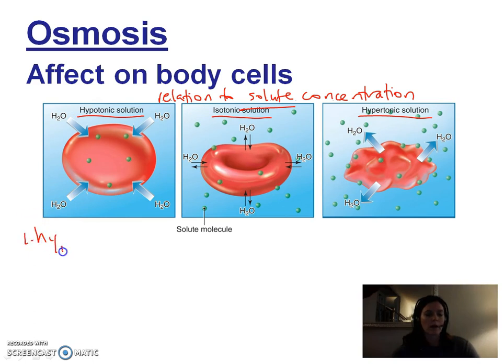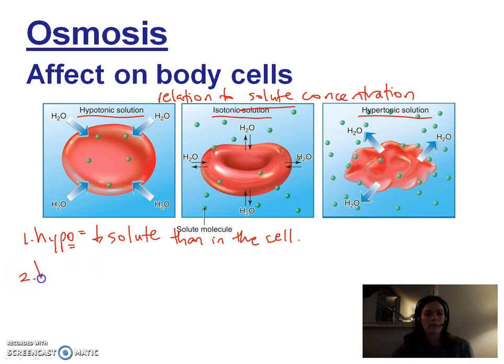One, hypotonic. Hypo means low. Like hypodermis is the lowest part of your skin. So hypo means low. A hypotonic solution has a lower solute than in the cell.